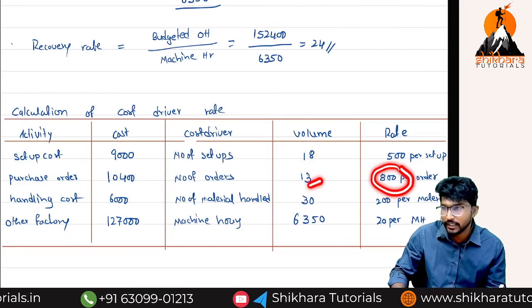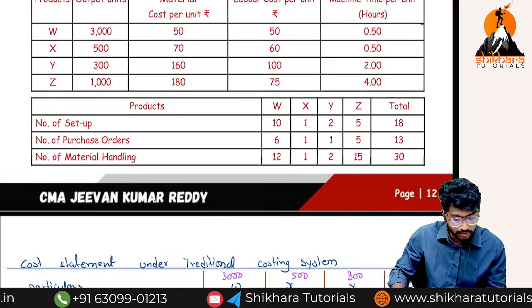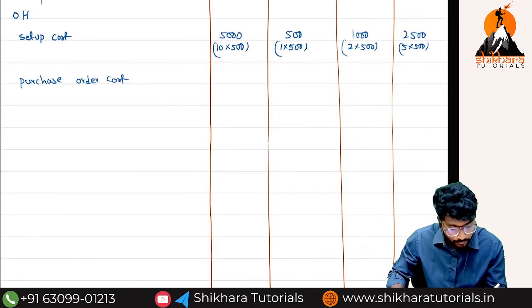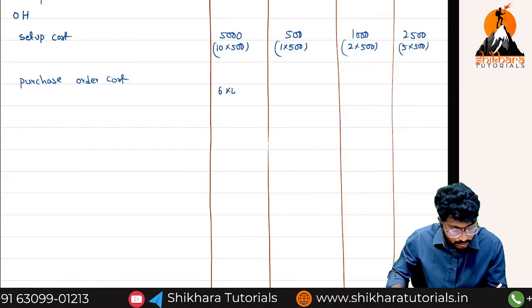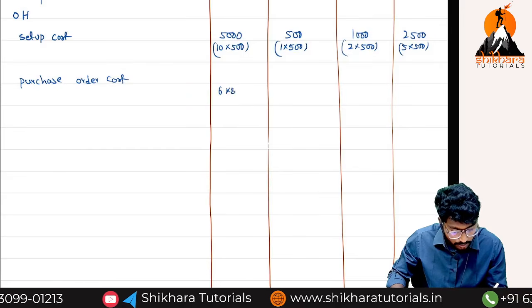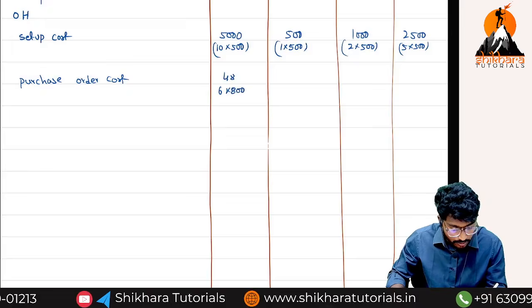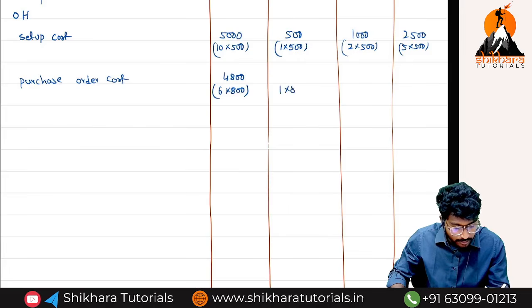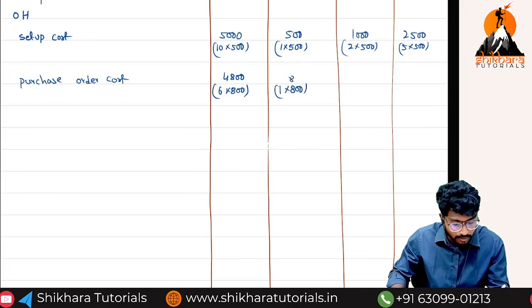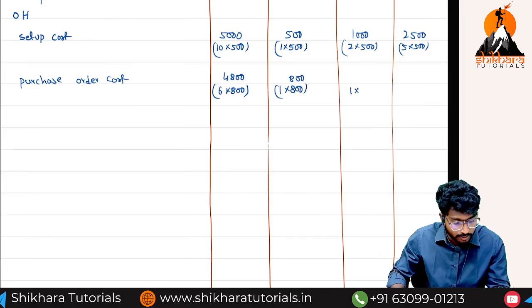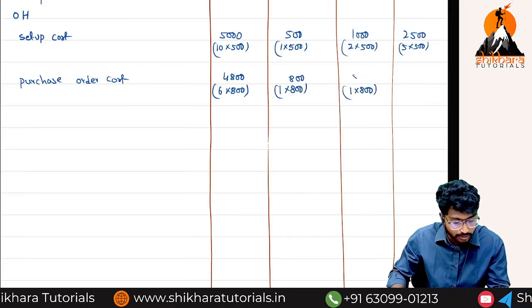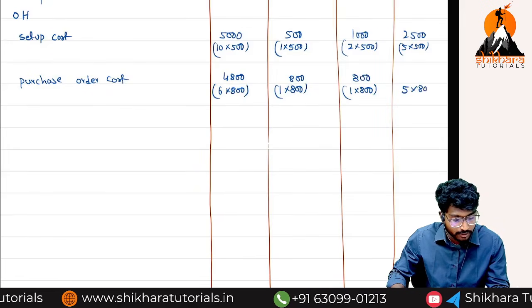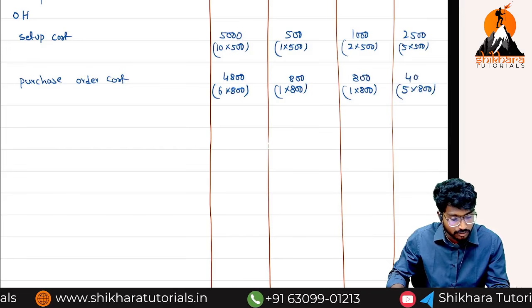Out of total 13, how many consumed by W? 6. 6 into 800, 4,800. Next, 1 into 800, that is 800. Next, 1 into 800, 800. Next, 5 into 800, 4,000.